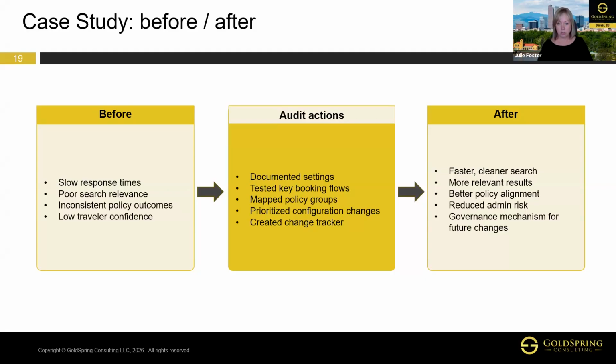That governance is essential because a change can improve one step while unintentionally disrupting another. So it's important to know where the change came from and the impact that it had. The after state was not only better system performance, but also a mechanism for preventing future configuration drift.